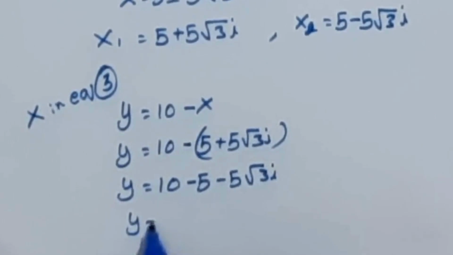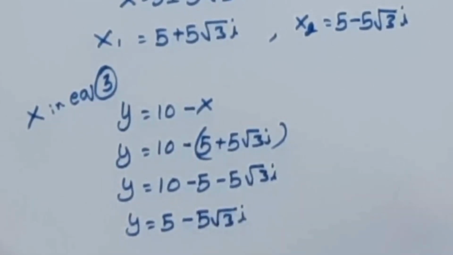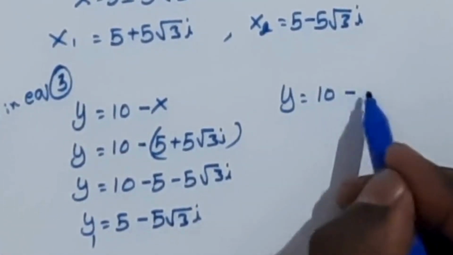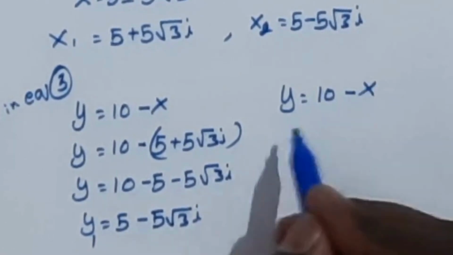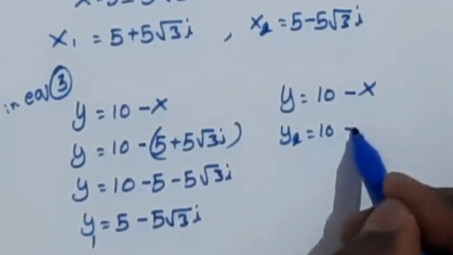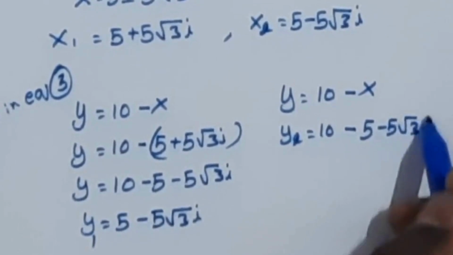So y equal to 5 minus 5 square root of 3i. This is y1. y2 equal to 10 minus (5 minus 5 square root of 3i).